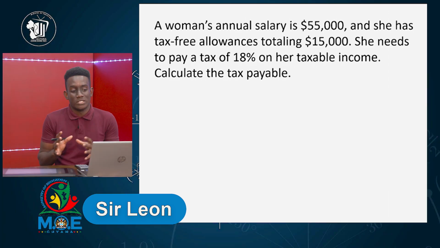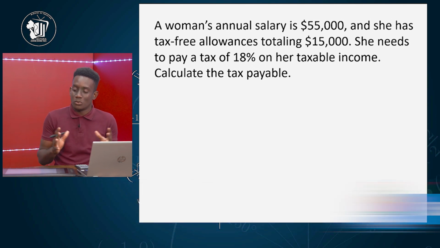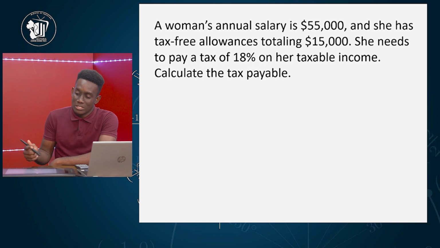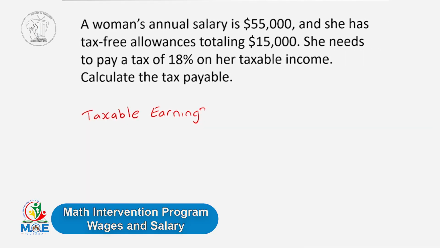Now we want to calculate how much tax this woman will pay on her salary. So we see that the woman has tax-free allowances totaling $15,000. So $15,000 from her normal salary cannot be taxed. So let's find the amount of money that can be taxed. So the taxable earnings would be after we take out the $15,000 that they cannot tax.